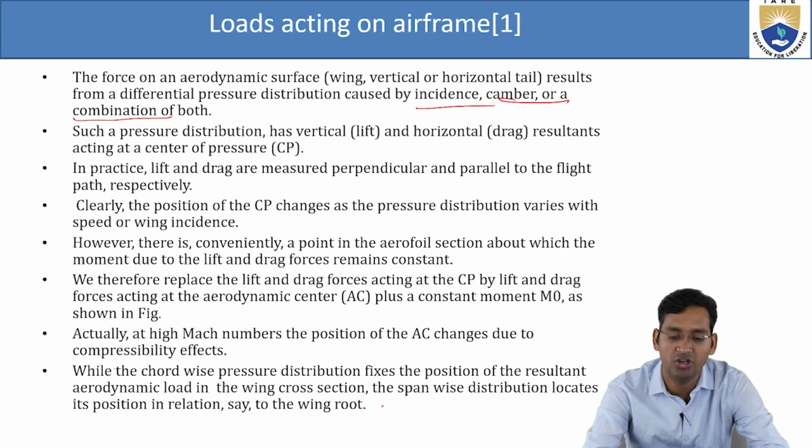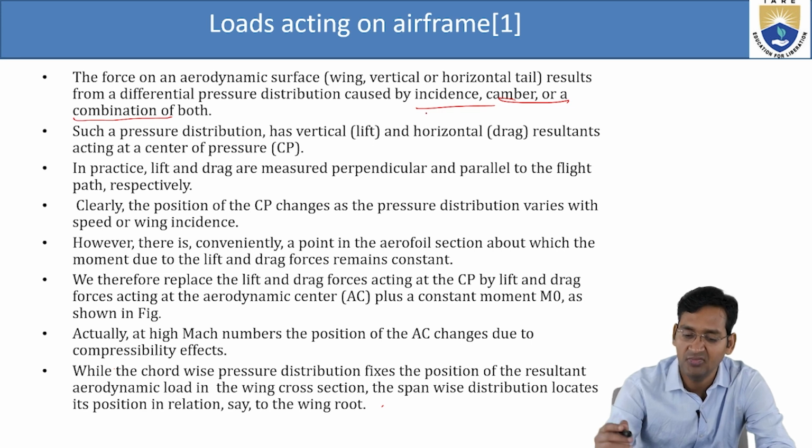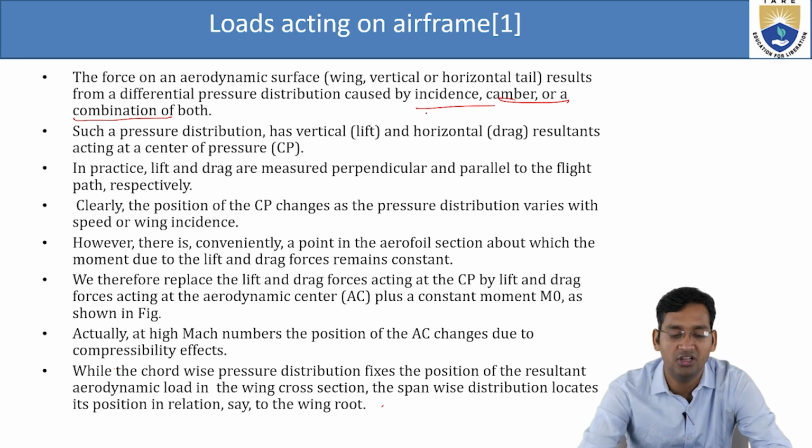Now the next is load acting on the aircraft. The forces on an aerodynamic surface, wing, vertical or horizontal tail, result from a differential pressure distribution caused by incidence, camber, or a combination of both. Such a pressure distribution has vertical lift and horizontal drag.